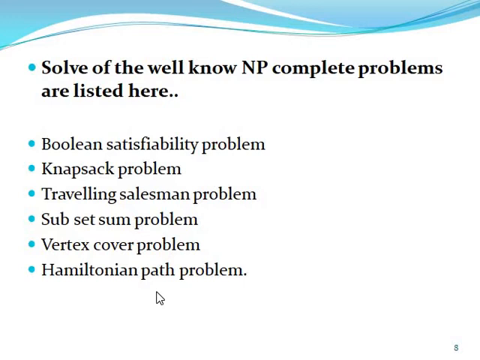Mostly these types of problems require more than polynomial time for P problems, and they are NP complete problems. The traveling salesman problem is also called an NP hard problem many times, but it is also called an NP complete problem. So these are the well-known NP complete problems.